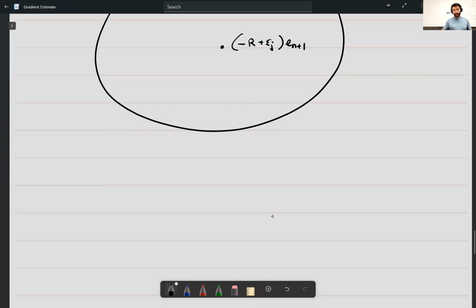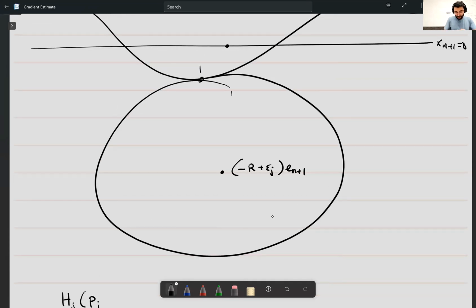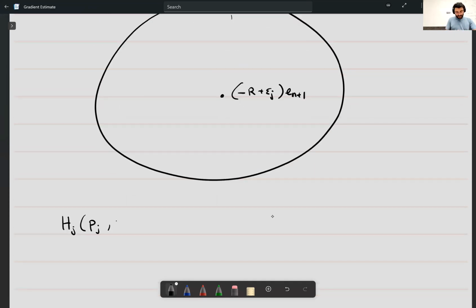If I have a ball on the interior, then that immediately tells me the largest principal curvature is bounded by n times the principal curvature of the ball. So I know that H_j(p_j, tau), where p_j is this point here, is bounded by n divided by r.